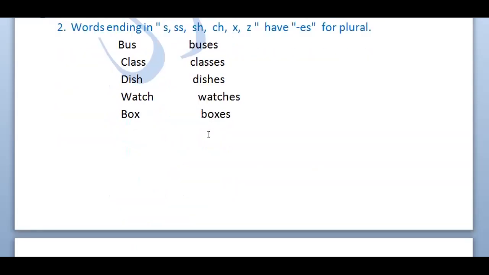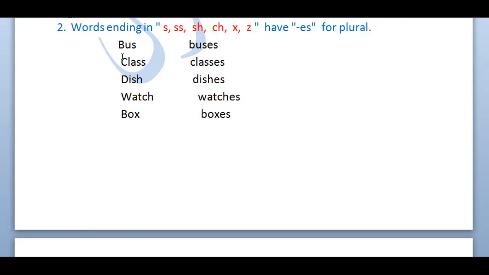We have the second rule of forming plural, which is words or nouns ending in s, ss, sh, ch, x, and z. So nouns which have these endings have es for forming plural.